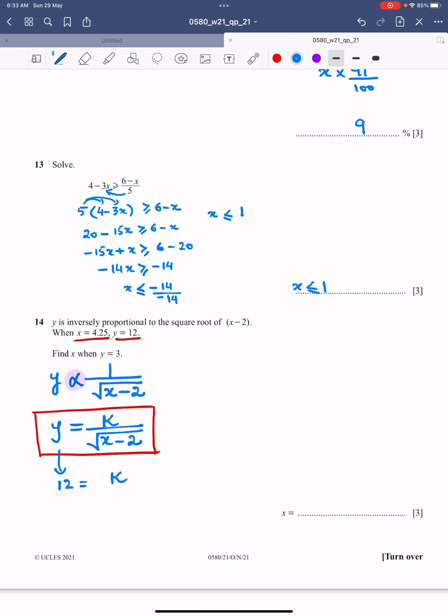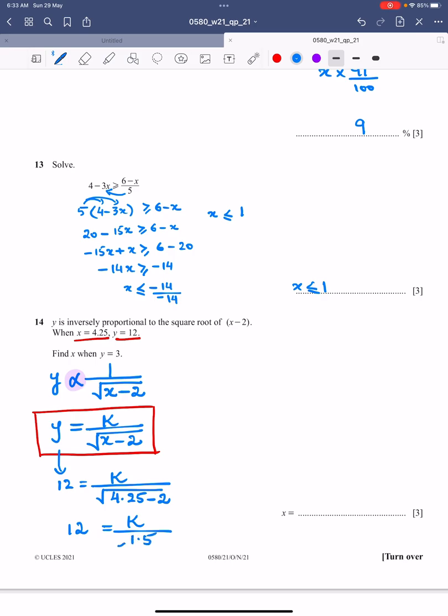K is unknown. In place of x, we write 4.25. So we have square root of 4.25 minus 2. Therefore, 12 is equal to k divided by root of 4.25 minus 2, which is 1.5.